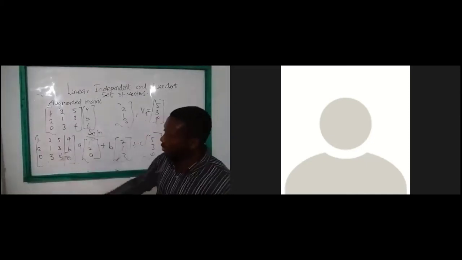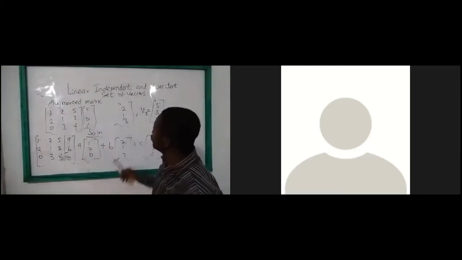So with this, we go through the process to either the REF, the row echelon form, or the reduced row echelon form to get the unknowns A, B, and C. So at the end of the day, if this side tends to the identity matrix, whatever will be at the other side will represent the unknowns.